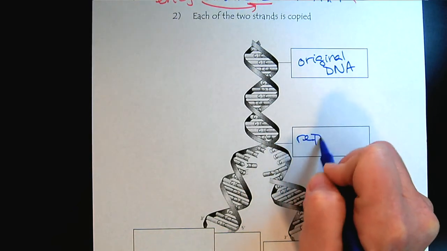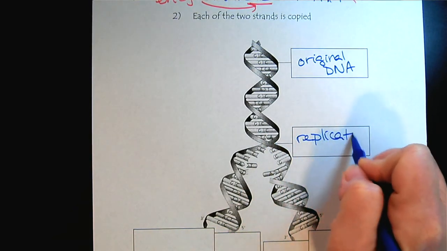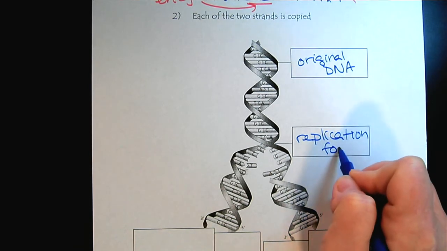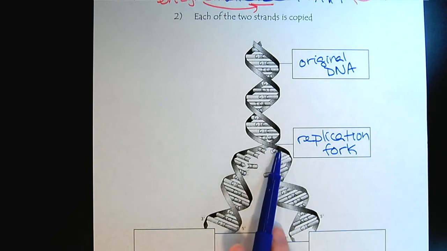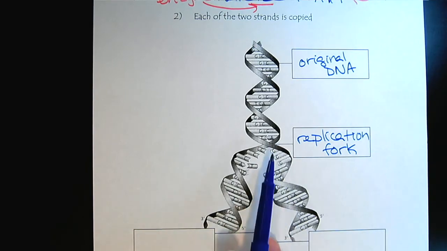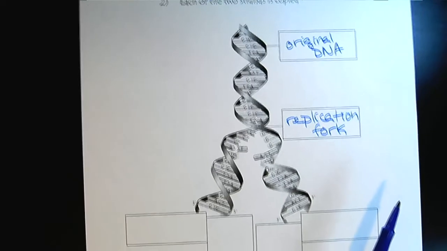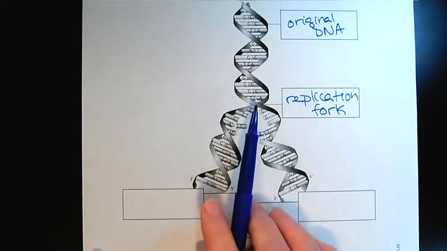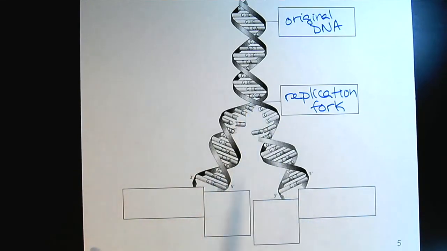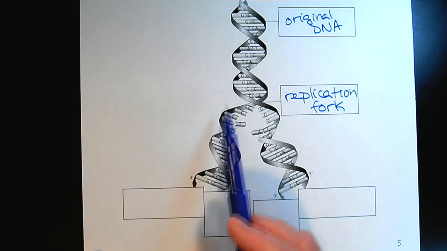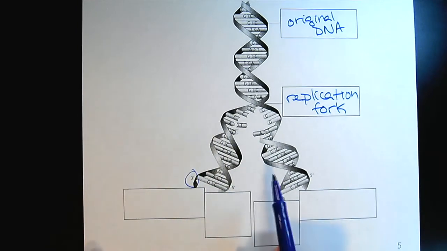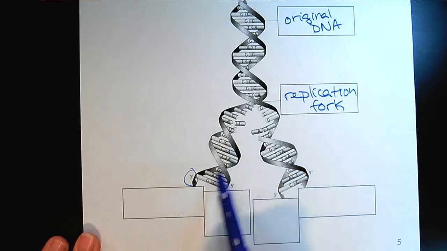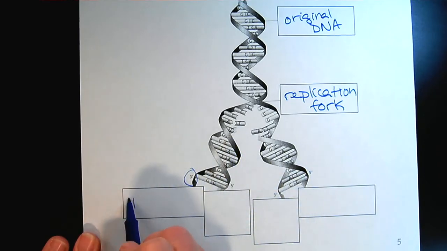So we have to split it apart. The helicase is coming in and splitting apart the 2 strands, and so there's the fork where the reaction still needs to occur. Now, if we follow these strands, if we look here, we see there's the 3'. If we follow it, we recognize that this is the parent strand.